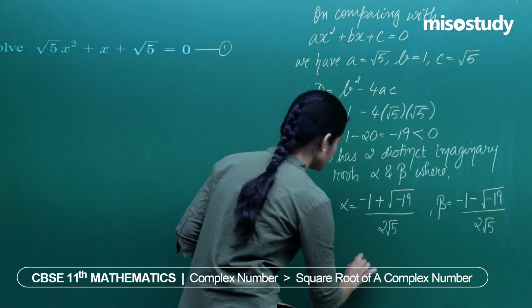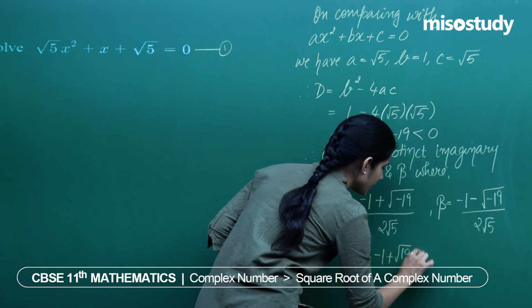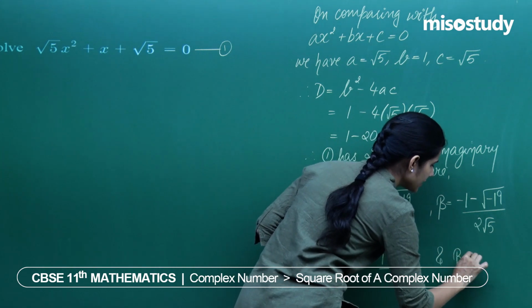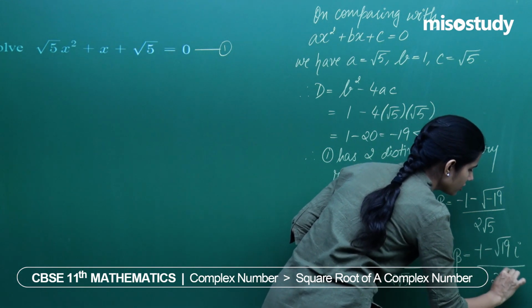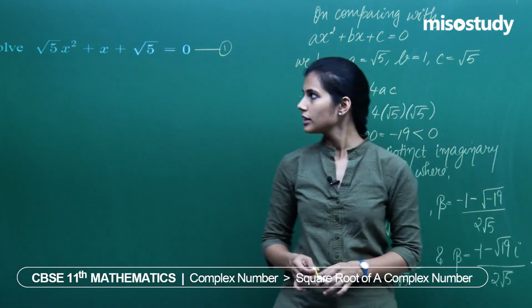This means alpha is (minus 1 plus root 19 iota) upon 2 root 5, and beta is (minus 1 minus root 19 iota) upon 2 root 5. These are your given two roots.